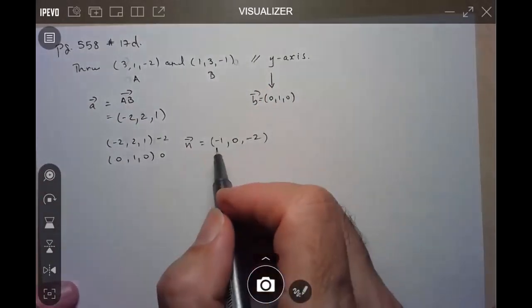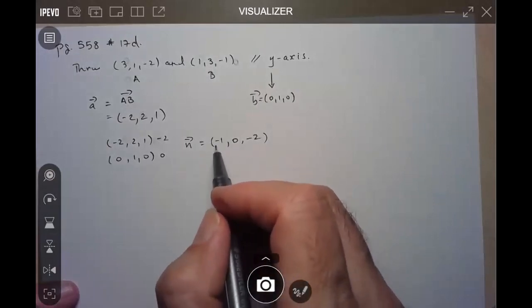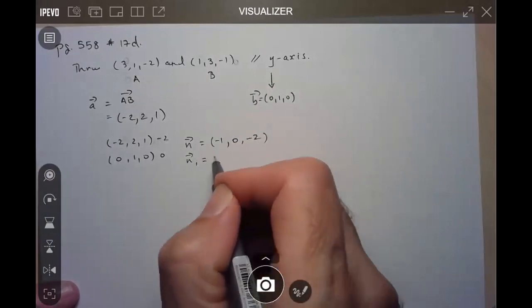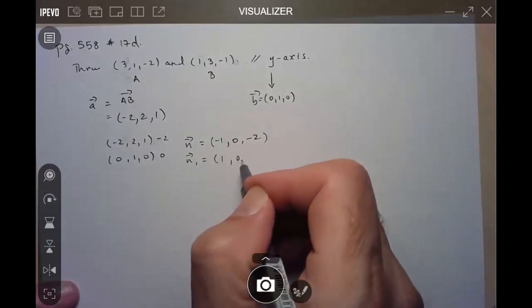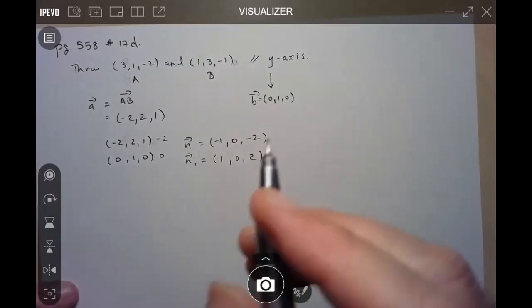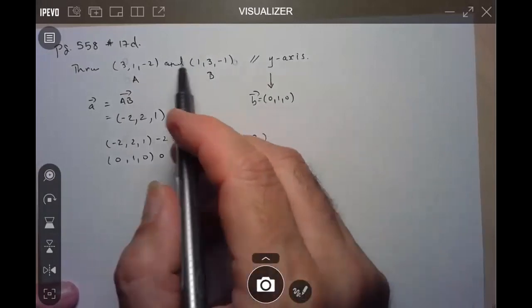But because I would like my leading coefficient to be positive, I'm actually going to use 1, 0, 2 as my normal vector, multiplied by -1. Now that I have my normal vector, I've got 2 points.